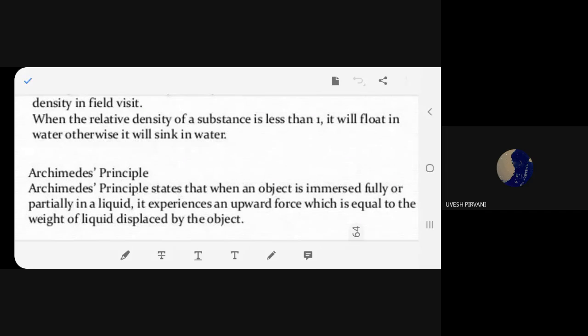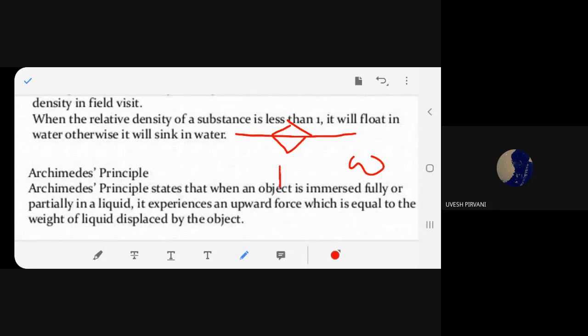If this is the surface of water and I've got an object like this, it will apply an upward force, which is equal to the weight of the liquid displaced by the object. So the weight of the water which got displaced will be the weight of the object. You understand? Yes, ma'am. Okay.